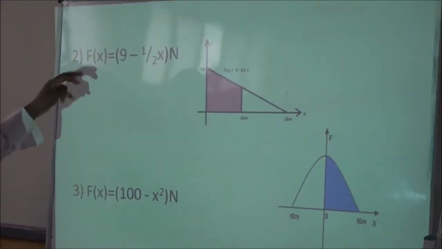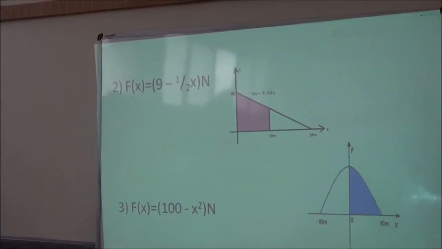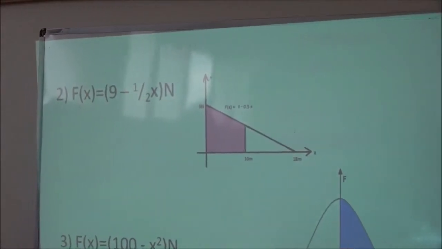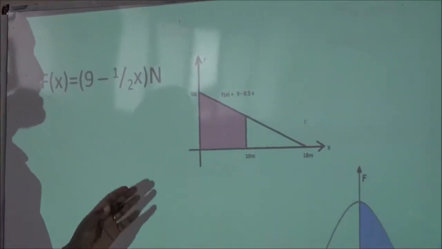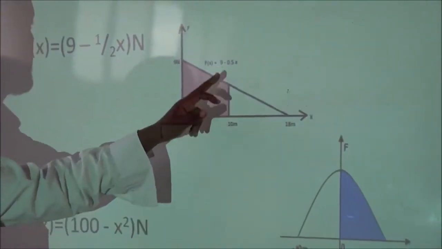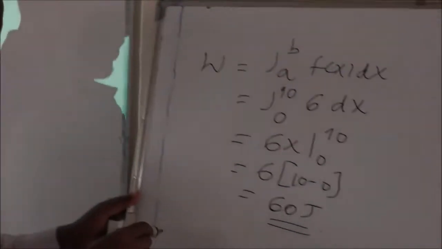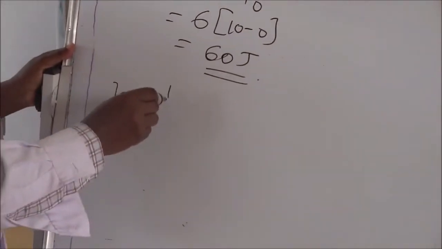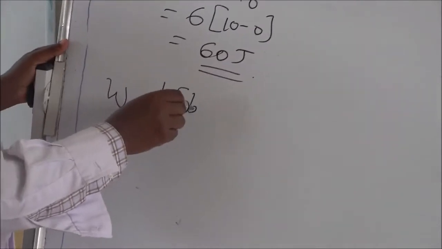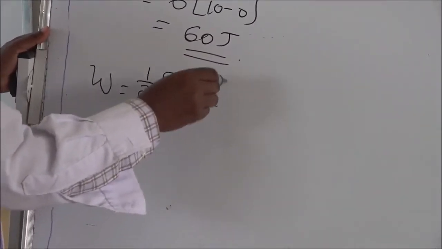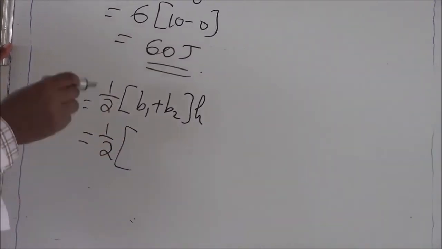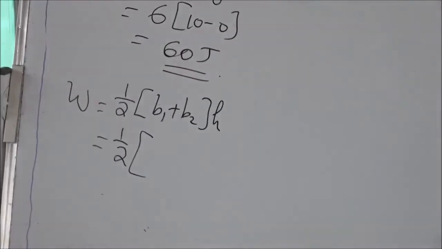Now, when the force is 9 minus half x, of course this is what? A trapezium. And we know that the area of a trapezium is half times base 1 plus base 2 times height. So, work done using the ordinary formula is the area, and because it is a trapezium, half (b1 plus b2) times height. What are base 1 and base 2? The two parallel sides.